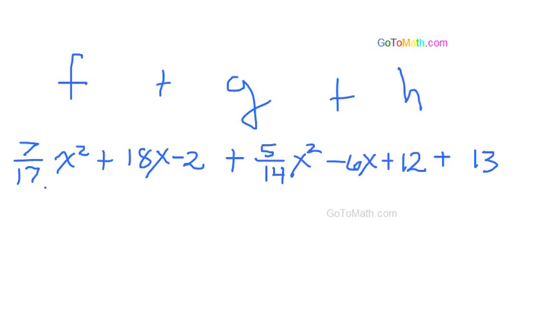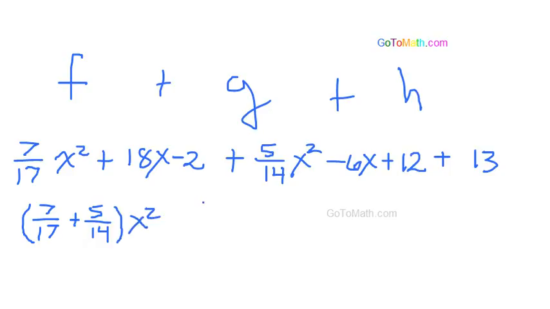Okay, so what we're going to want to do is collect up some like terms, and that's going to be the 7 over 17 and the 5 over 14. We're going to add both those together because we have an x with an exponent of 2 and an exponent of 2. So let's write it like this: 7 over 17 plus 5 over 14, and I'll let you figure out what that is.